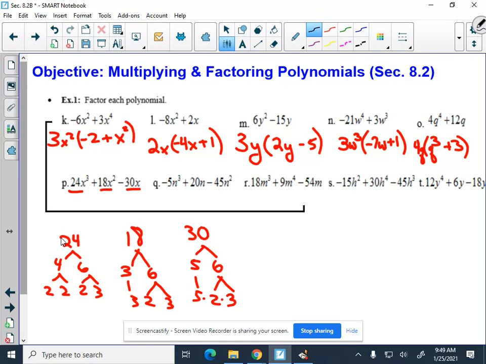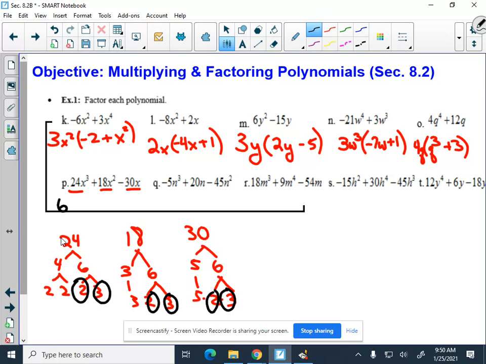Then you look for anything they have in common. For instance, they all have a 2. They all have a 3. You have to be able to circle it in all of them. Now, what's 2 times 3? 6. So 6 is what we would call the greatest common factor.